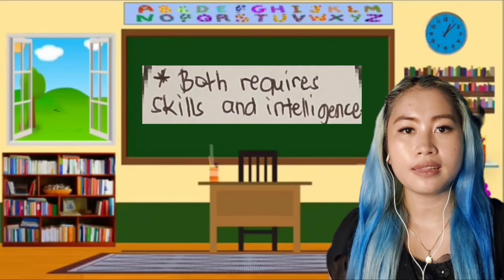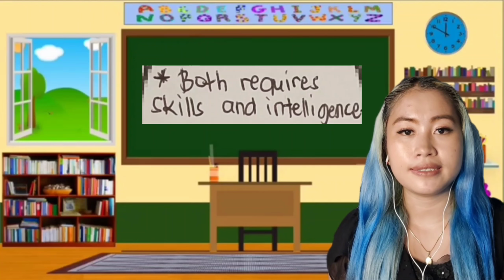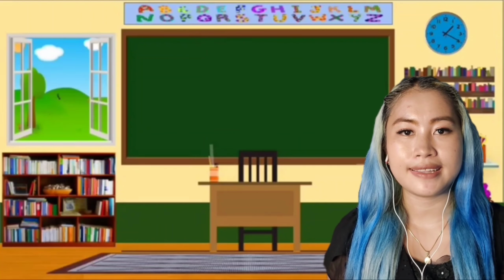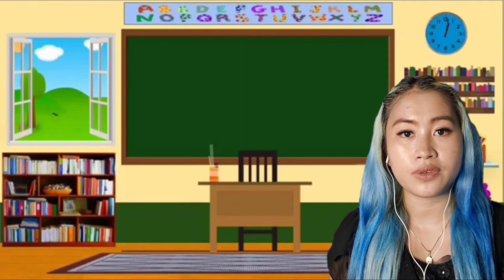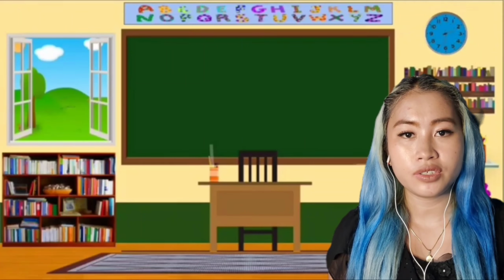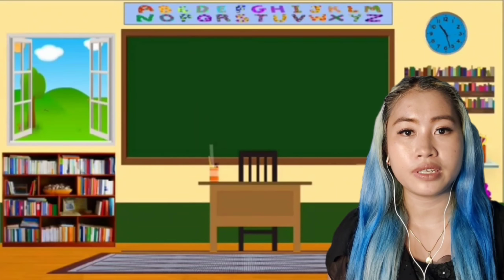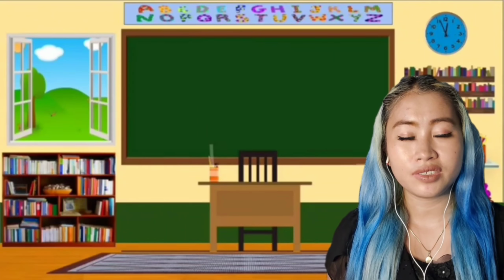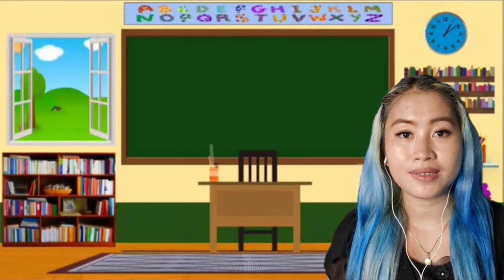For the second bullet, both require skills and intelligence. Teaching strategies and tactics should be selected in such a manner as to achieve the goals. Both teaching and learning require skills, creativity, intelligence, and operate on definite principles. Good teaching requires good communication skills, and good learning requires good listening skills.